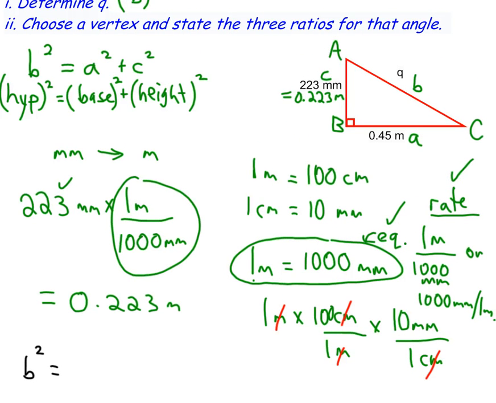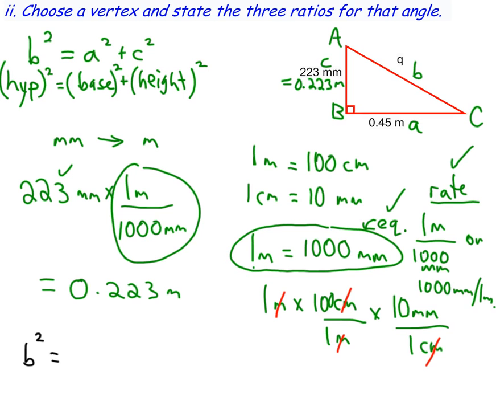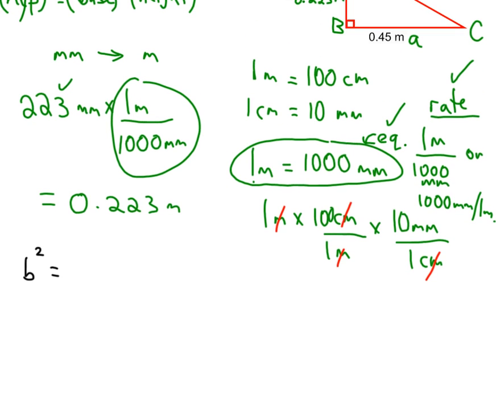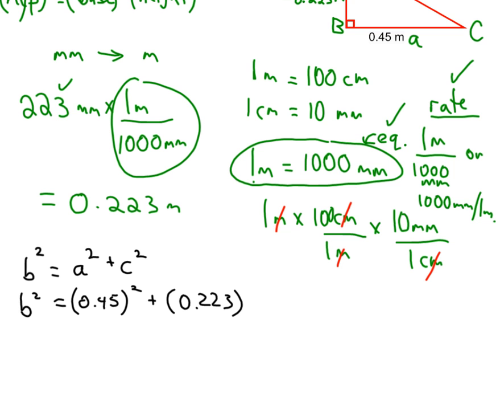The base is little a, which is directly opposite from vertex A. So now I fill in my values. The square of b is equal to 0.45 times 0.45 plus 0.223 times 0.223.